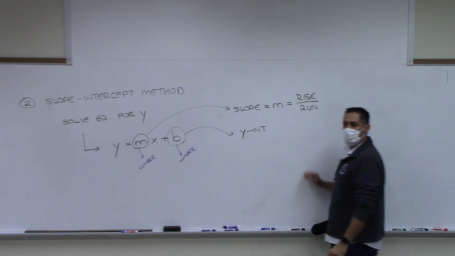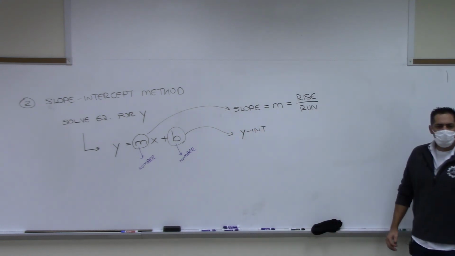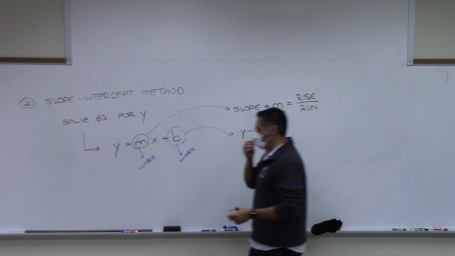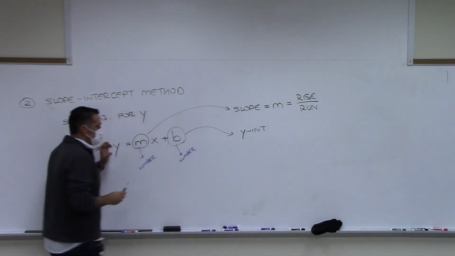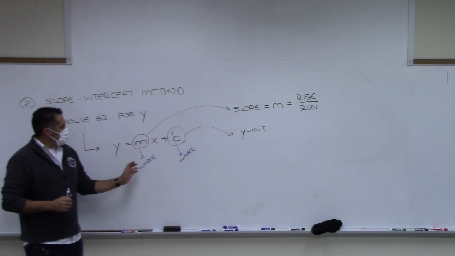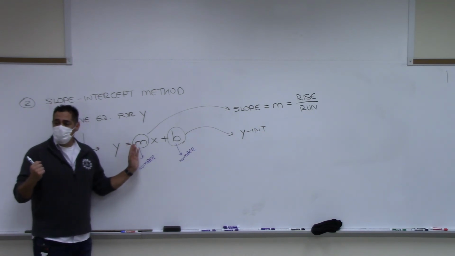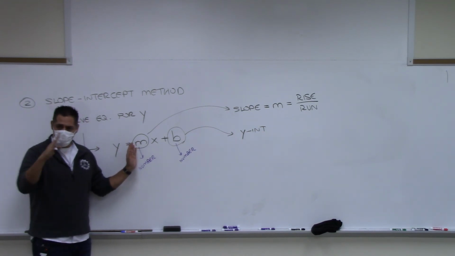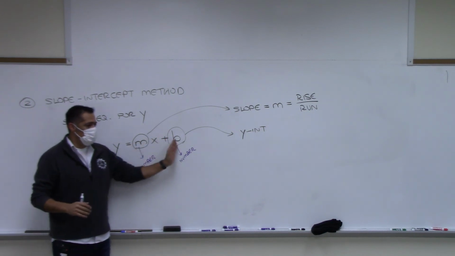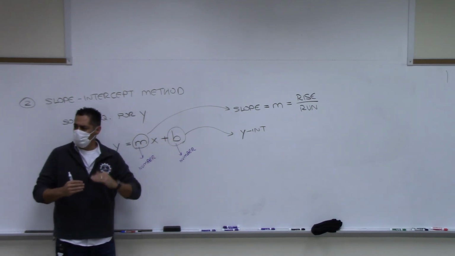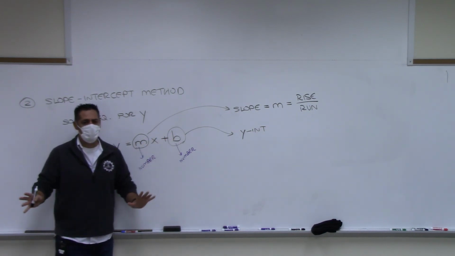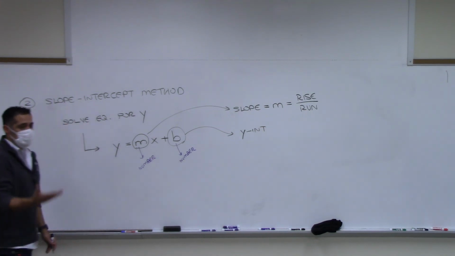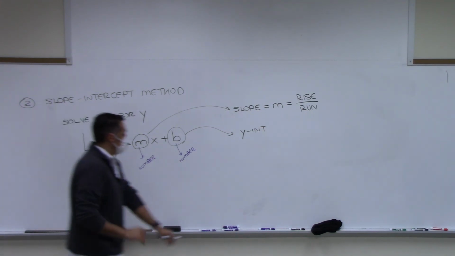Always. It's a very nice property of linear equations that if you can solve for y, then the number in front of x will always represent something about your line. It tells you the pitch of the line, and the number out here tells you where you hit the y-axis. Guaranteed every time. So let's do an example so you can see this in action.